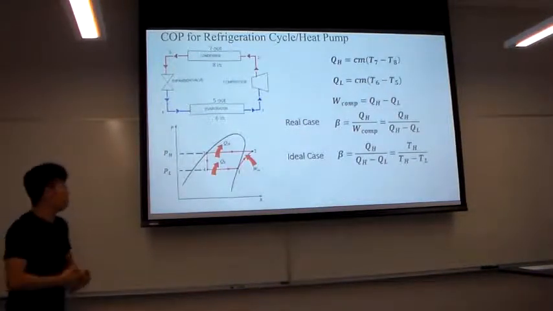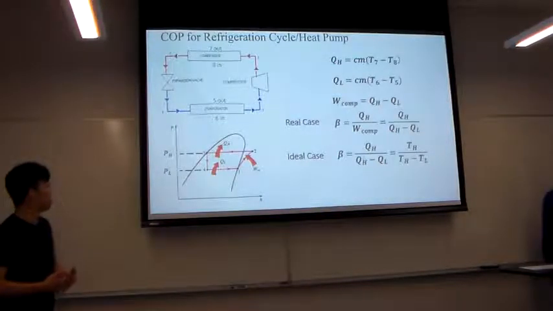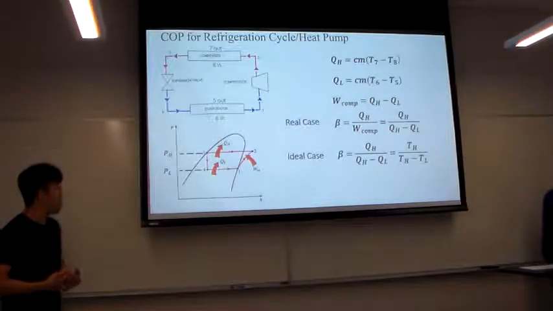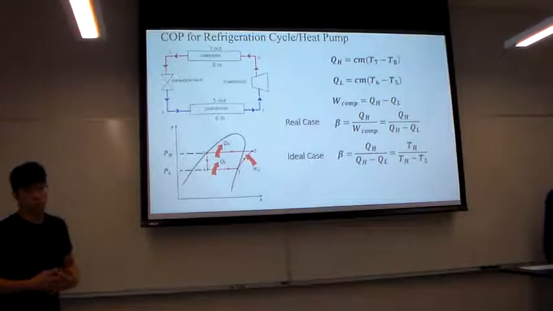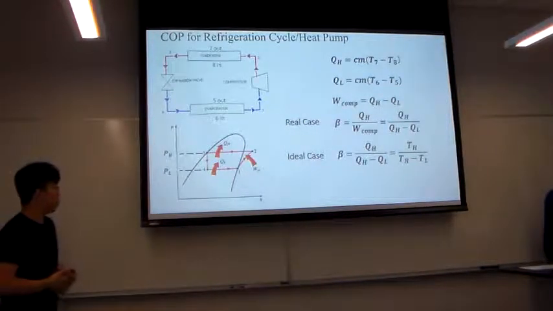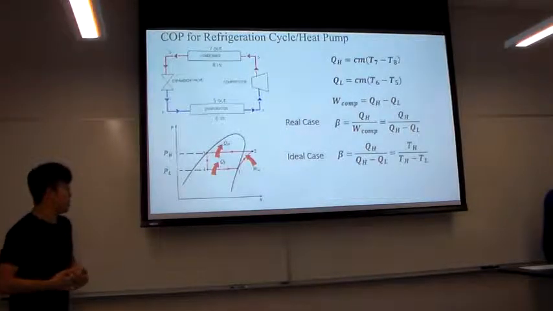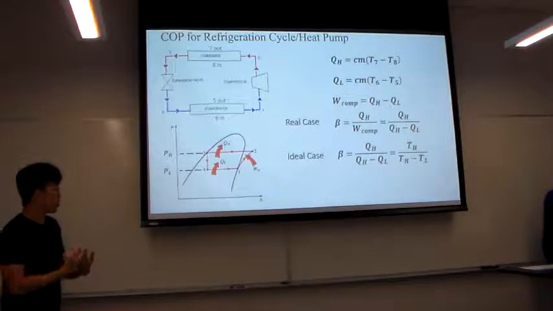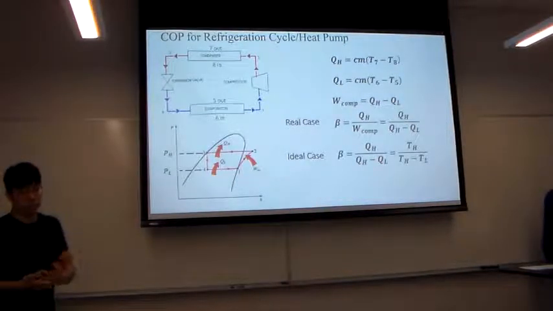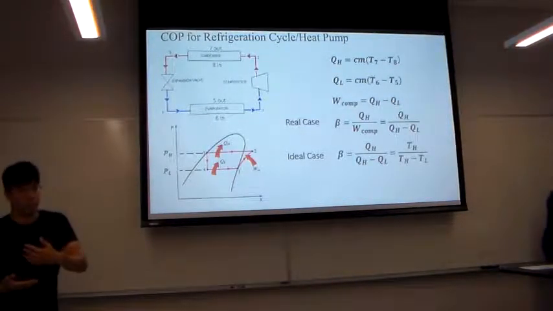And next is about the COP for the refrigeration cycle. Because this system is designed to be a heat pump, the COP is represented by beta equal to QH divided by the compressor work. In other words, something we want divided by something we input to the system.